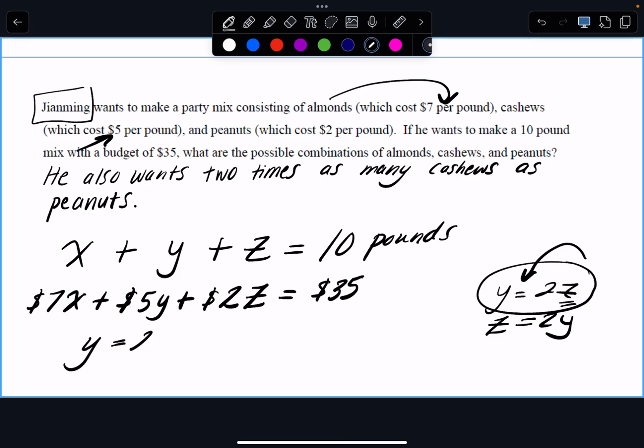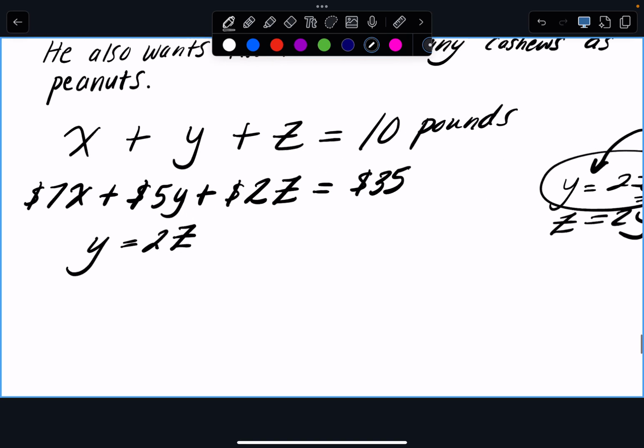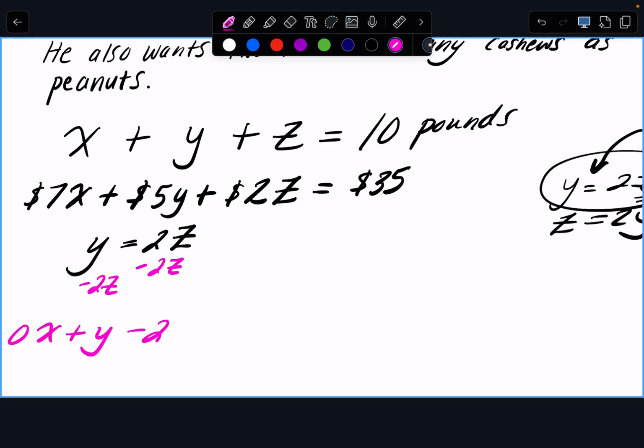And I'm going to make a point here. If you're asked to solve this with reduced row echelon form, you would say, oh, I need to fix the order. It has to be X plus Y plus Z equals a number. So I would have to subtract 2Z and call this 0x plus y minus 2z equals 0.